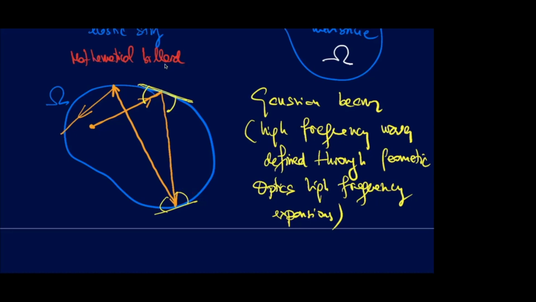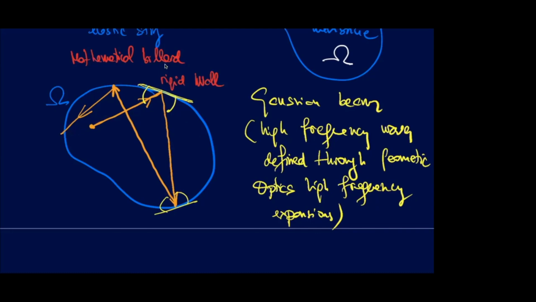In this mathematical billiard, things are much simpler because this is a rigid wall, right? So this is a mathematical billiard with a rigid wall, and therefore the spheres bounce like particles according to the Descartes law, okay?